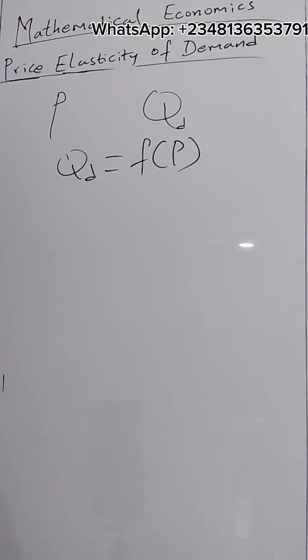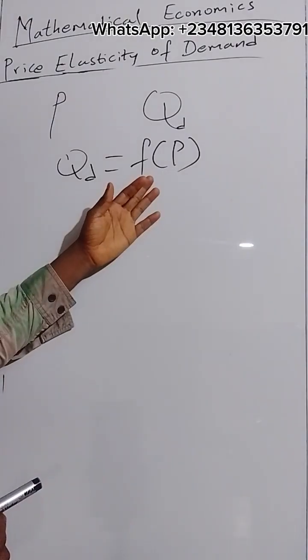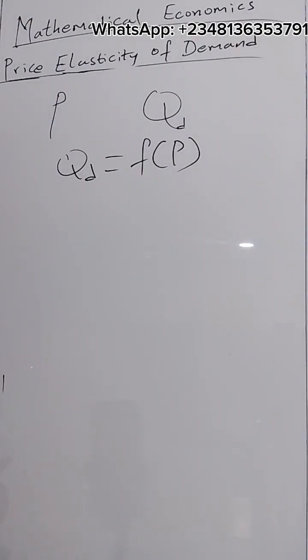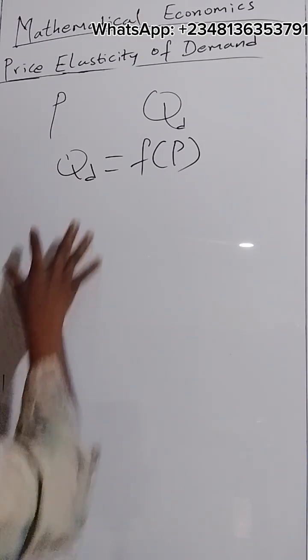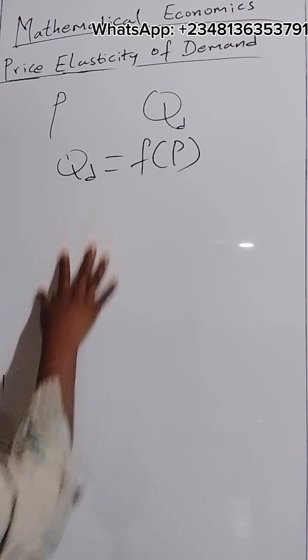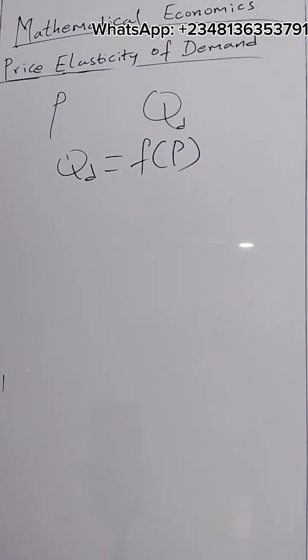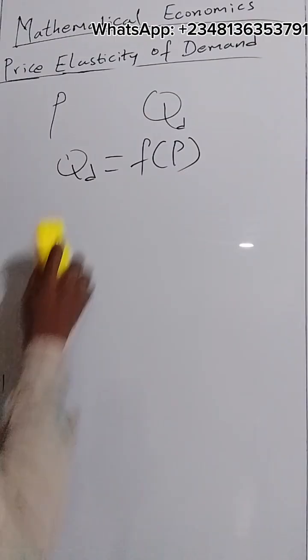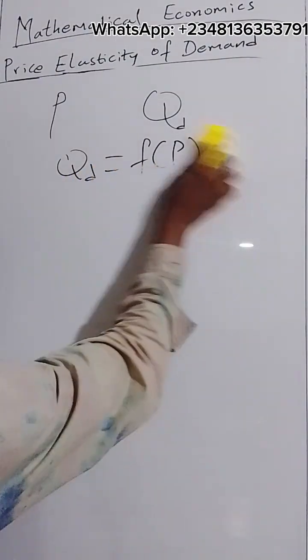That is, when the price of a commodity changes, say rice, the quantity demanded also changes. For example, if the price of rice rises, we expect the quantity demanded for rice to fall, all other things being equal. So from here we can understand that quantity demanded responds to the price.